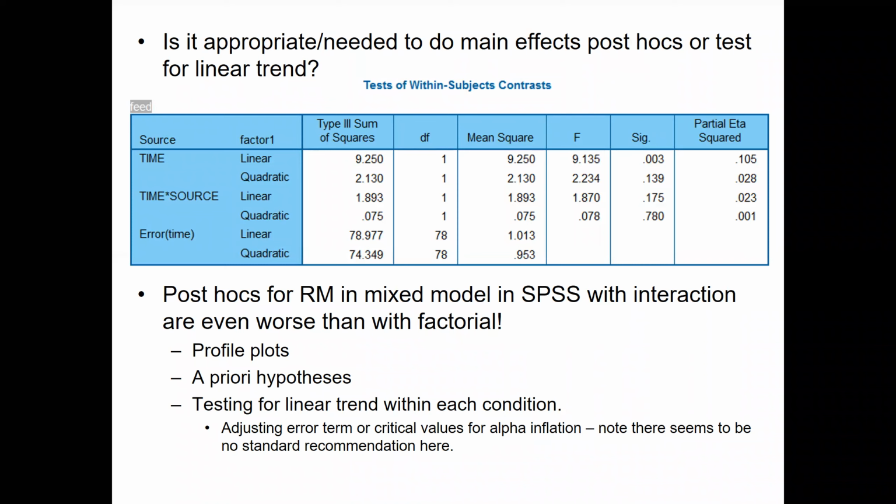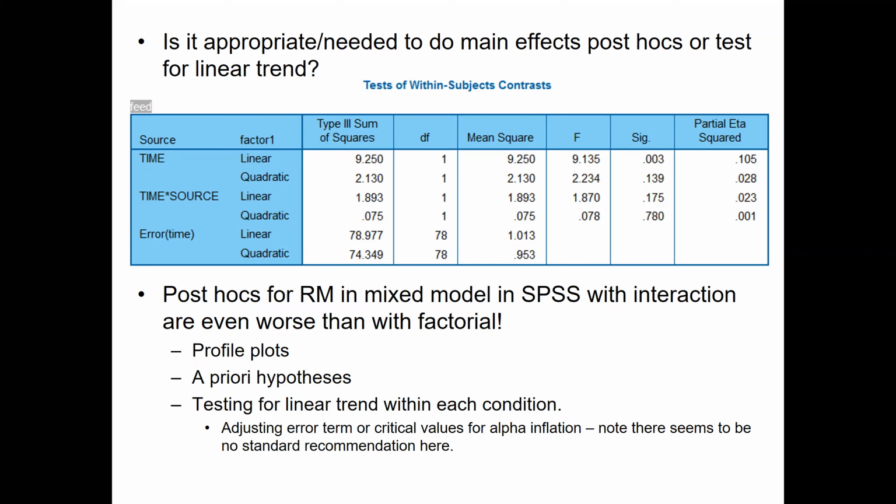Now we happen to know that time in general is significant. So we might want to see, is it a linear relationship? In other words, does self-efficacy consistently improve over time? Or is it kind of an up and down effect? Either might be significant if it's consistent, regardless of group. It could also be going down.